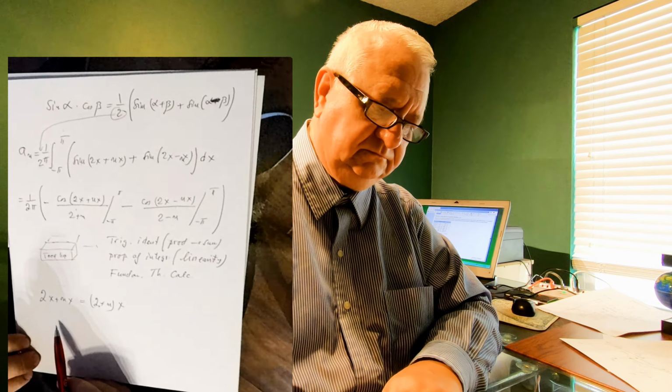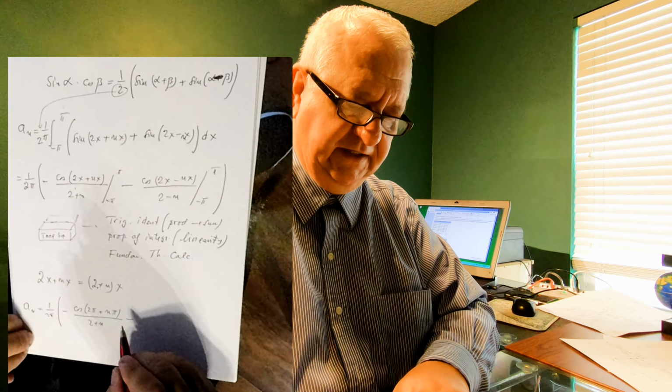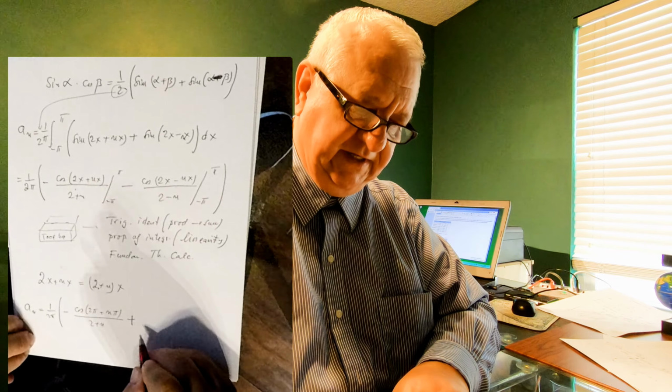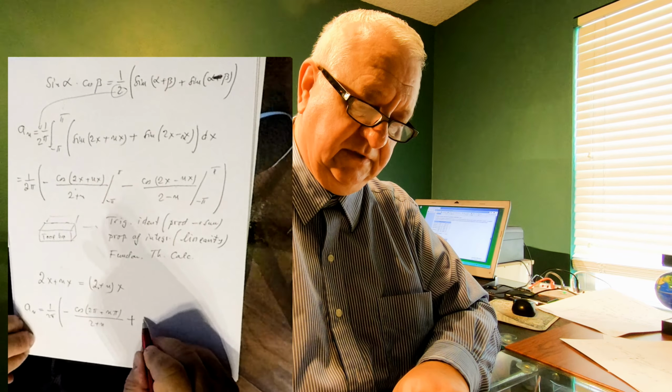Okay, so let's continue. a_n is 1 over 2 pi, minus cosine of the upper limit, (2 plus n) times x with x equal to pi, divided by 2 plus n, minus, from the fundamental theorem of calculus, plus the function evaluated at the lower limit, cosine of negative 2 pi, negative n pi, divided by 2 plus n.